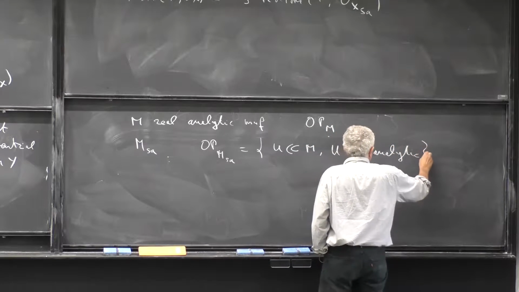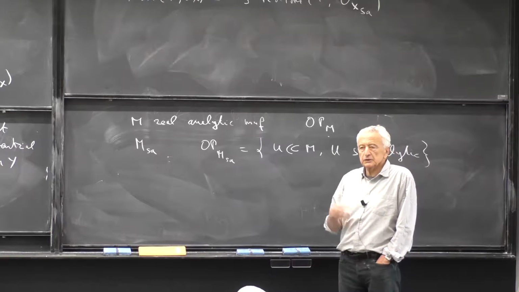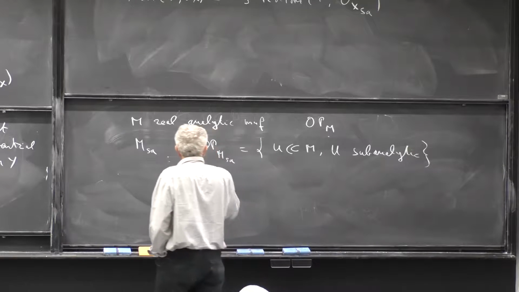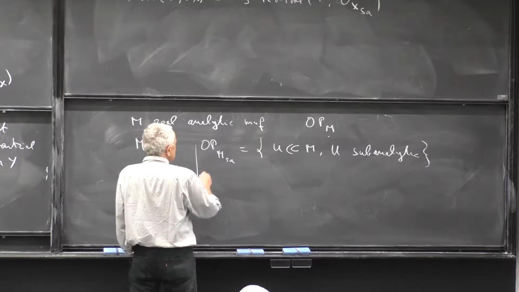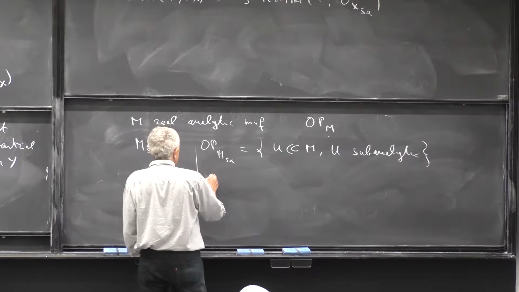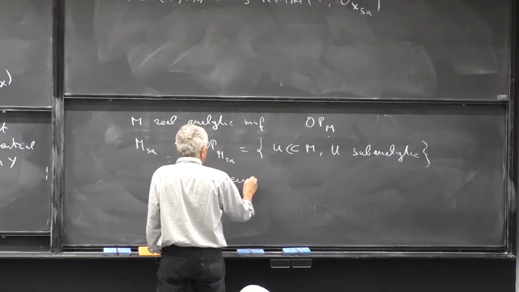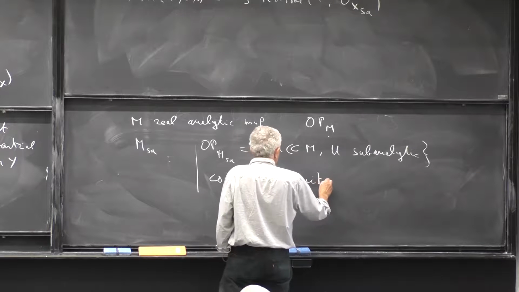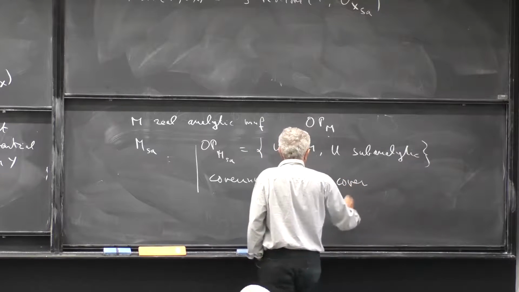It's a class of open sets which is very nice and has a lot of properties. This is a presite. On the coverings, roughly speaking, they are finite coverings.